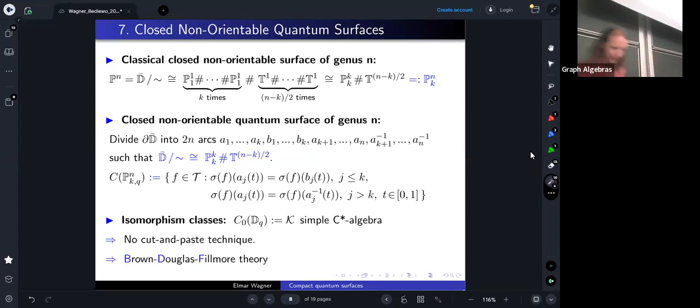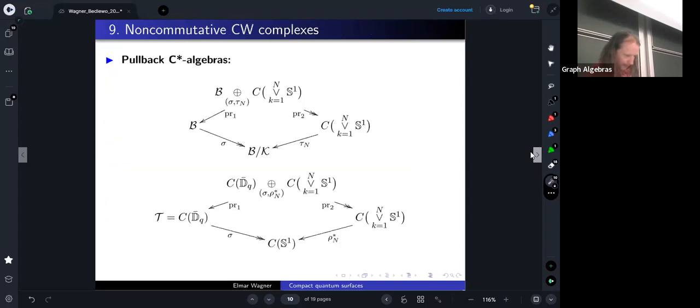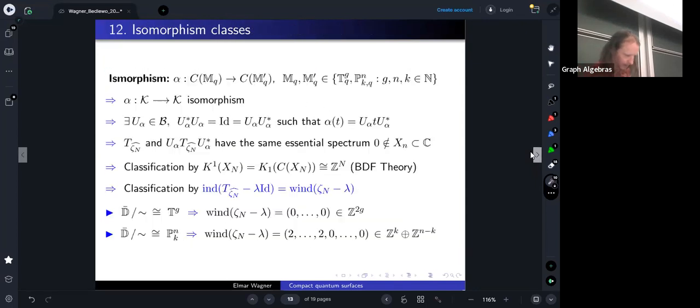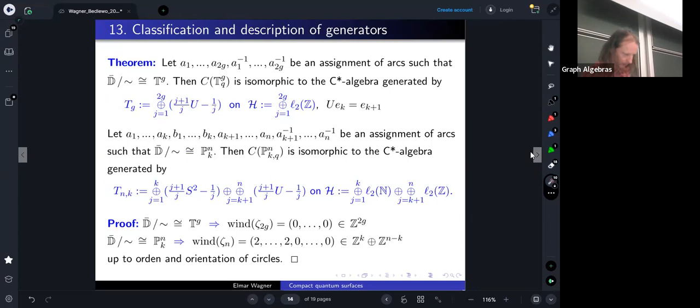So you take one of these, and then you take one circle. There are these n copies, which we have in the connected sum, and we know one is in the kernel.